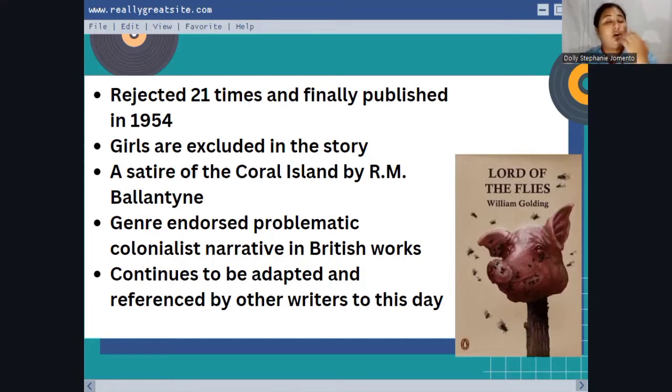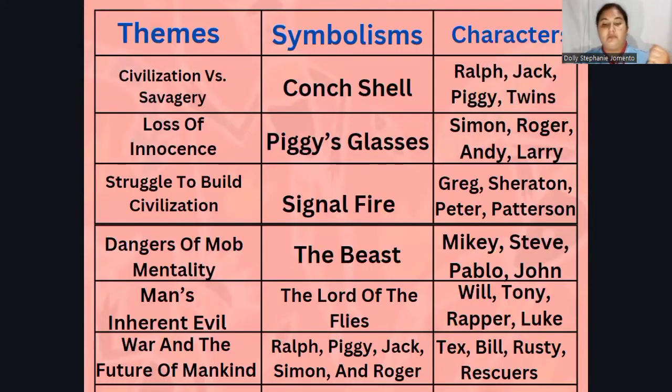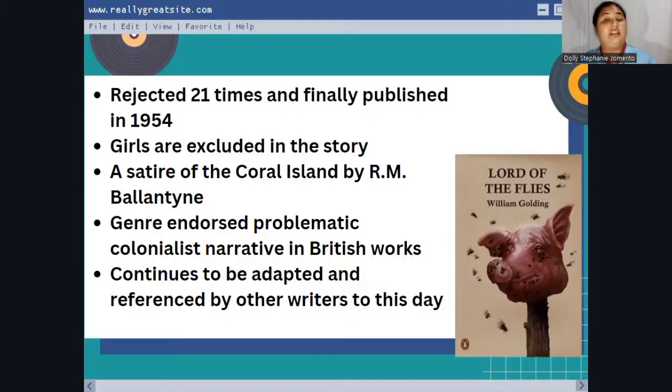So even though the novel experienced being banned from schools and other places before, it continues to be adapted and referenced by other writers and institutions up to this day. Lord of the Flies established William as a major literary voice.